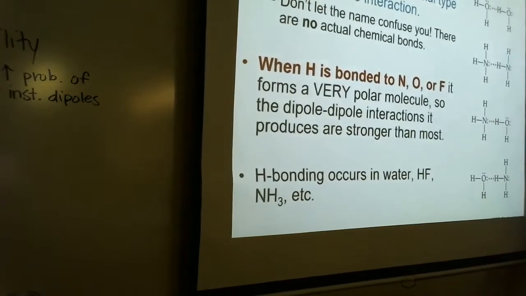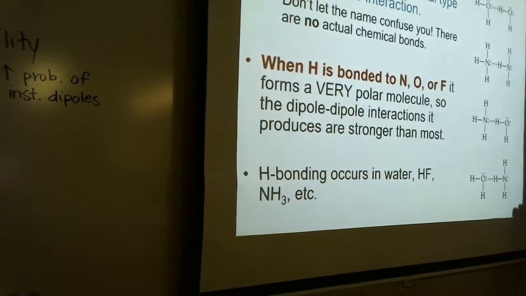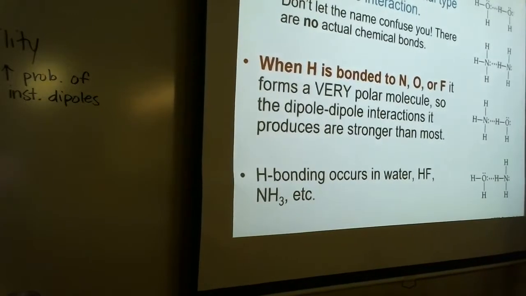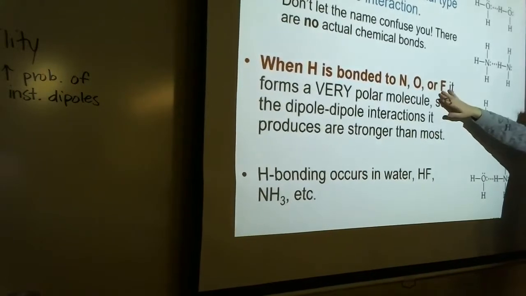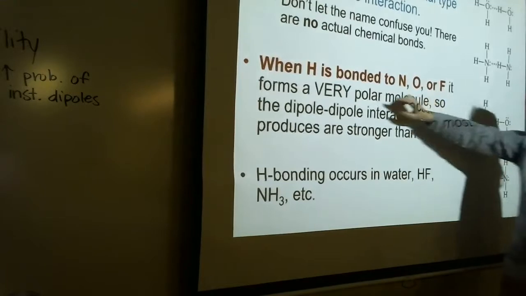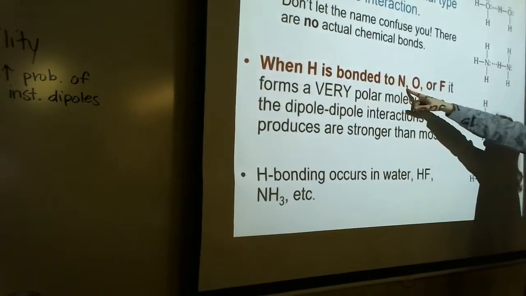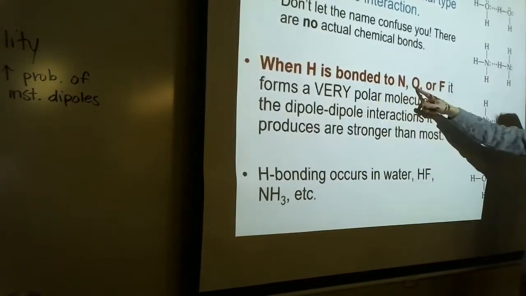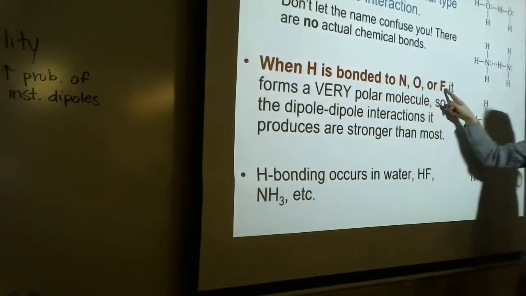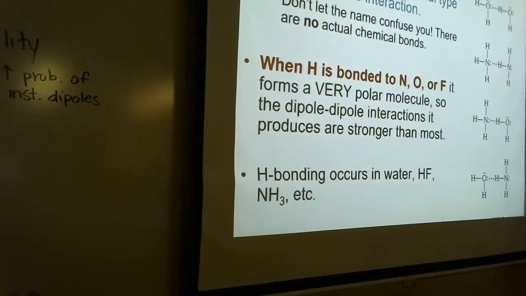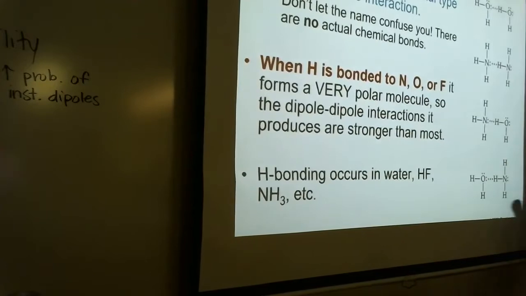So what happens here is hydrogen bonding is basically a special case of the dipole-dipole family. And when does it occur? Anytime you have hydrogen-nitrogen, hydrogen-oxygen, or hydrogen-fluorine. This is a really polar bond. Really polar bond.